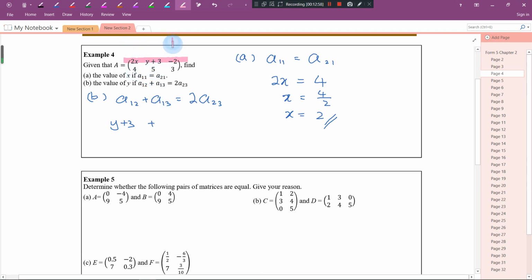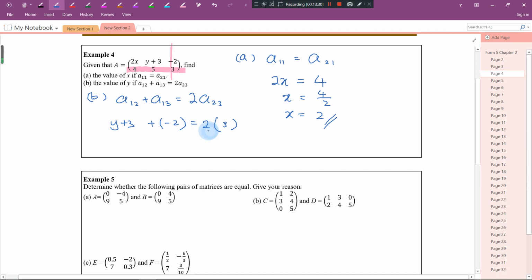First, second, third. So this element is actually -2. Okay, so 2 times A23. Which one is 2, 3? The 2 tells you second row, the 3 tells you third column. 1, 2, 3, third column, which is 3.